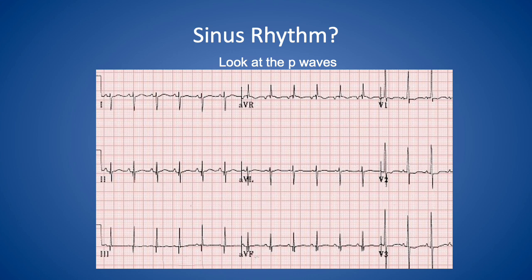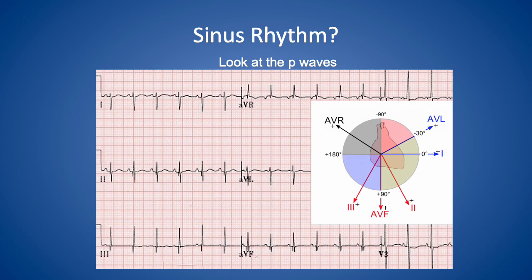So let's talk a little bit about what determines a sinus rhythm. Typically, we want to make sure a sinus rhythm comes from the SA node. So we're really looking at the P waves to say, are these P waves coming from the SA node?